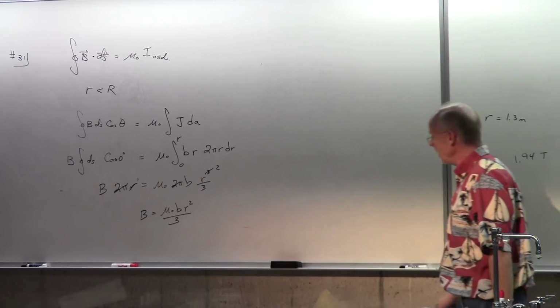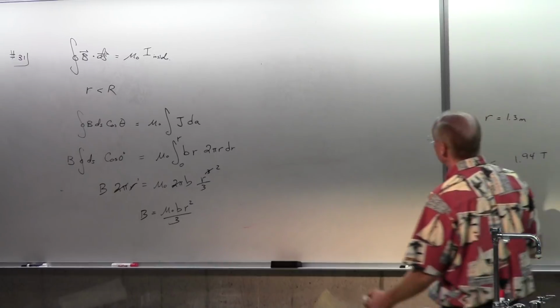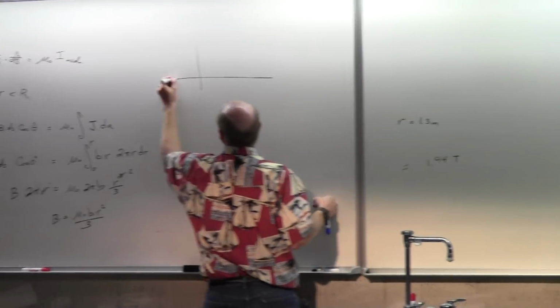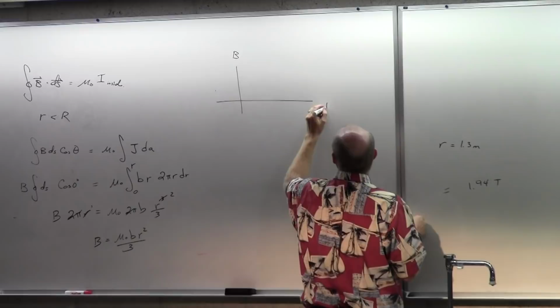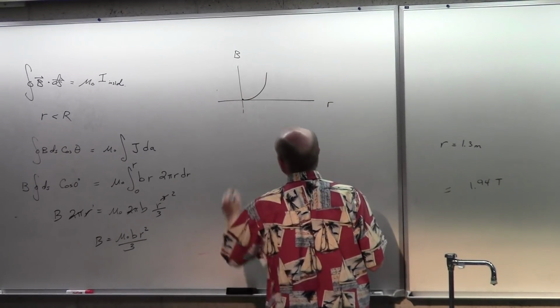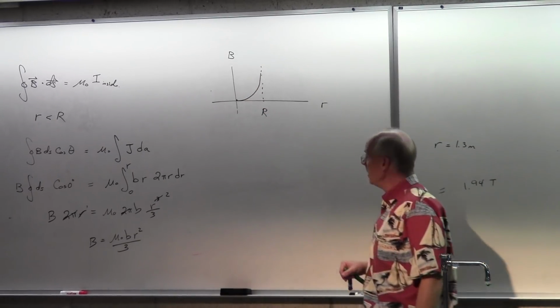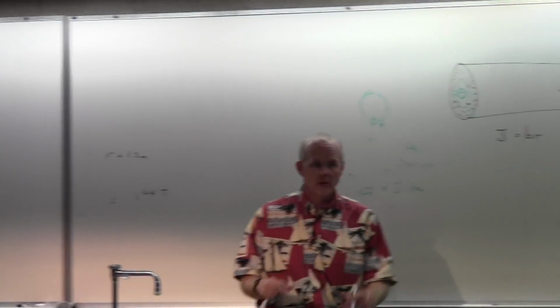It would be that. And a plot then would be quadratic. And so it would go something like that, at least until I got to the edge of the wire.